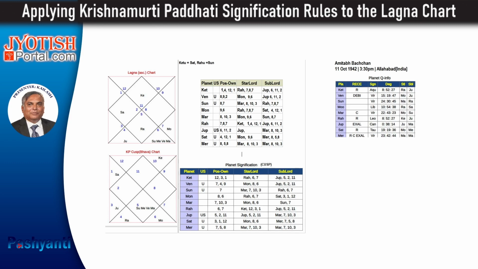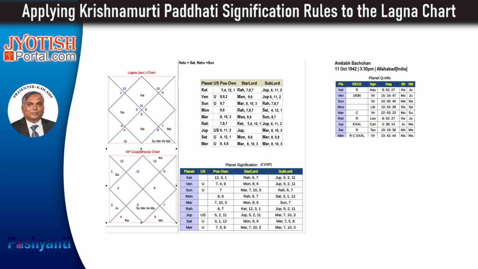You can see that between the Lagna chart and the cusp chart there is a dramatic shifting of the planets' positions also. In the Lagna and the cusp chart there is a difference, and if you look at the signification table, then also there is a difference.